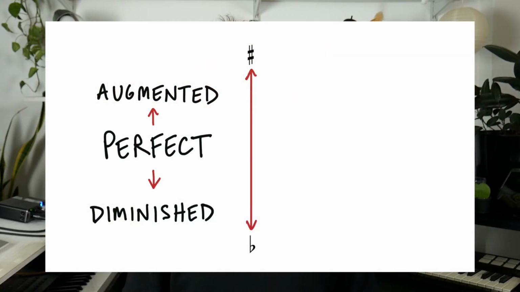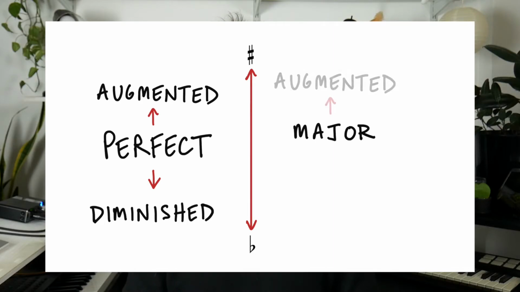And as it turns out, we can perform this operation on our major and minor intervals as well. Now, a major interval, so long as the position of the notes on the staff remains unchanged, can be enlarged by a half step to become an augmented interval.